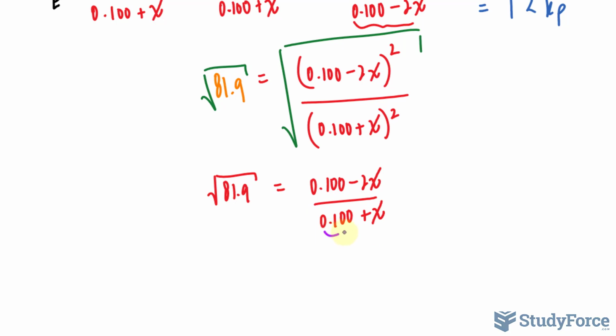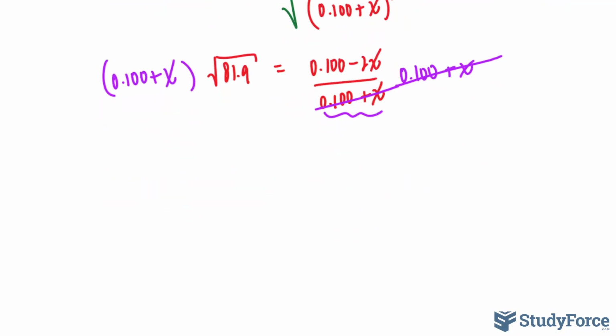Next, I'll multiply both sides by the denominator to clear out the denominator of this fraction. So this cancels out with that, and what you do on one side, you do on the other side. Just like that. And also, like I mentioned, this can be plus minus. Let's use the positive version just for simplicity's sake first. And if it happens to be the right version, then we don't have to worry about the negative version. On the left side right now, we have this expression.